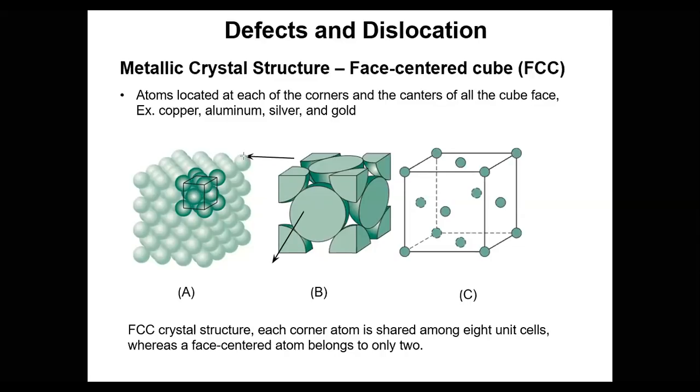Then on this side you have another part, so you need another unit cell there. If you combine 4 unit cells on this side, then you will complete half of the atom.